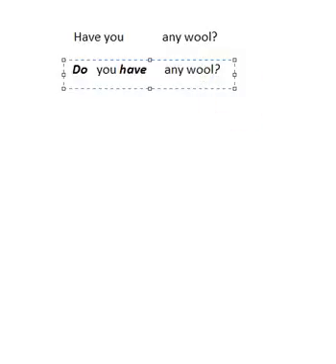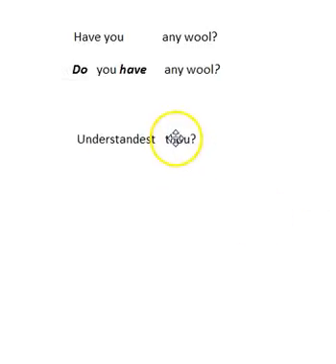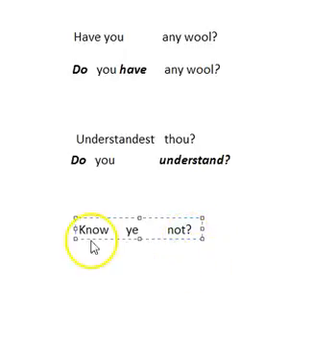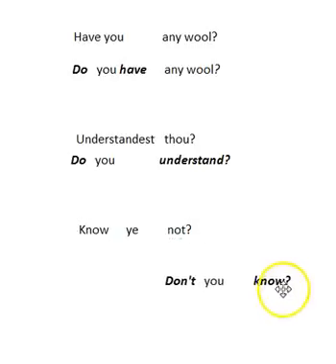Or maybe in the King James Bible, if you would recall a sentence like, understandest thou? And what we want to say is, do you understand? And then finally, another Bible example would be, know ye not? Again, the verb is first, know ye not? But what we're really saying here is, don't you know?